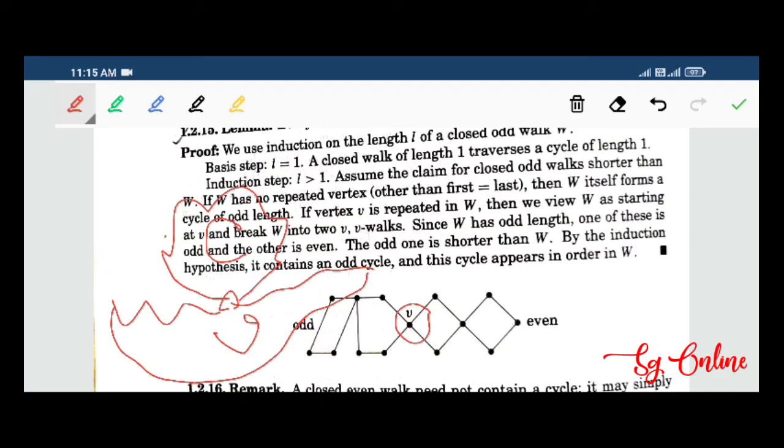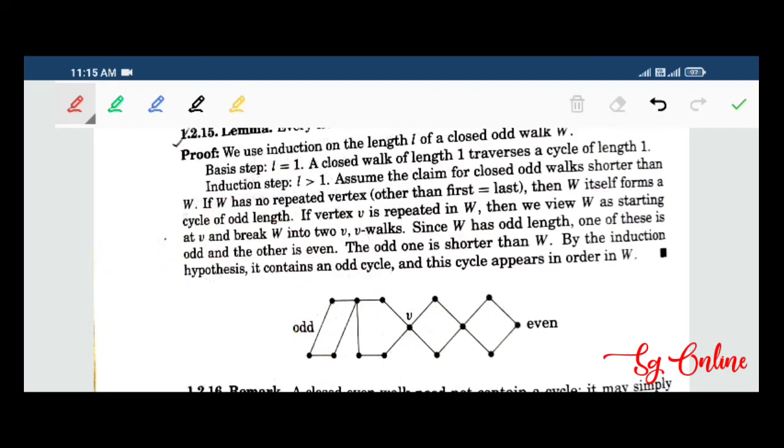and separately their length is less than the given closed odd walk. We get a closed odd walk in one part, because the total length is odd. Suppose this part is L1 and this part is L2. You have that L1 plus L2 is odd, and so one of them must be odd.